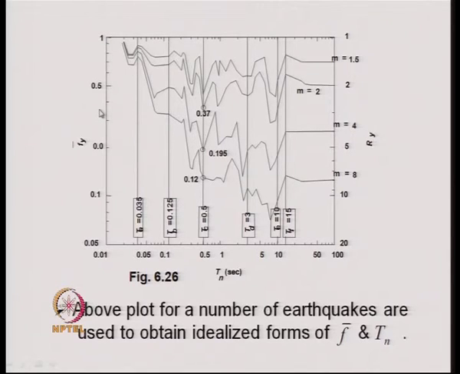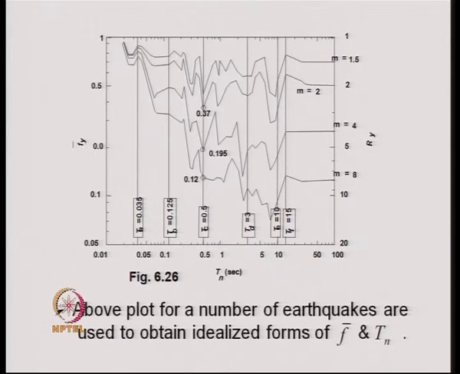And once we get the value of f bar y, then from there we can get the value of f y, and once we know the value of f y, we can get the value of x y. And once we know the value of x y, then the inelastic response spectrums are defined, because the displacement in the inelastic response spectrum will be equal to x y simply.